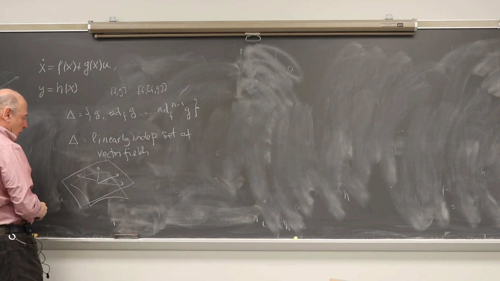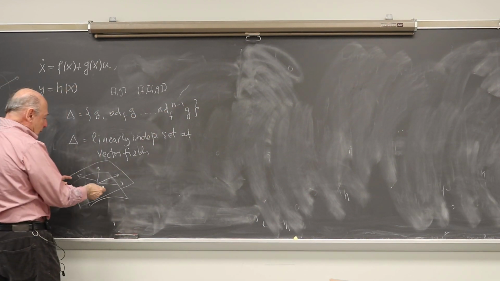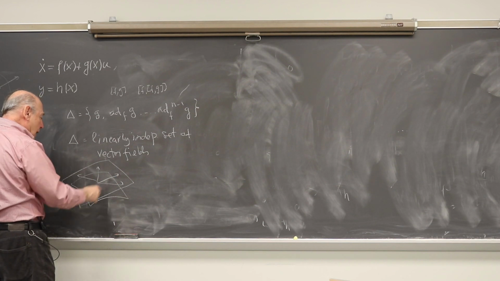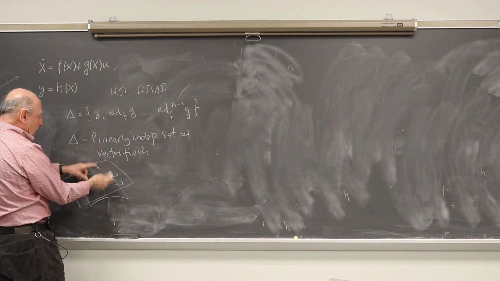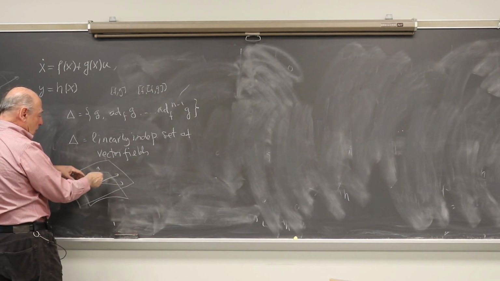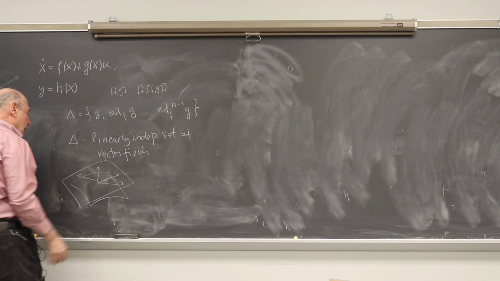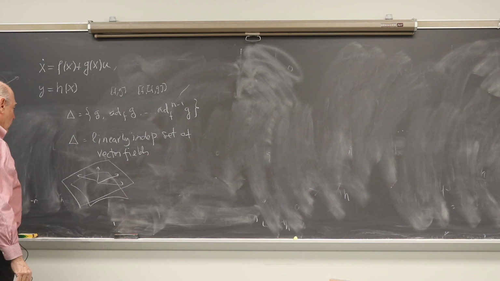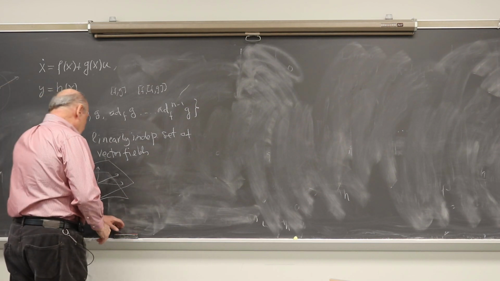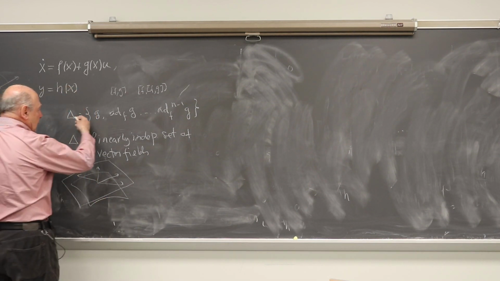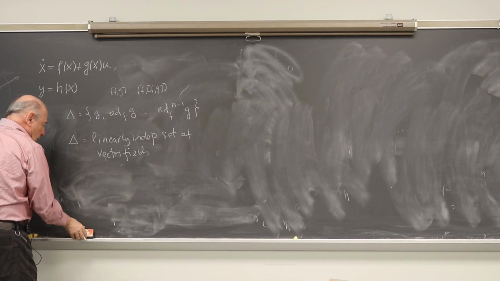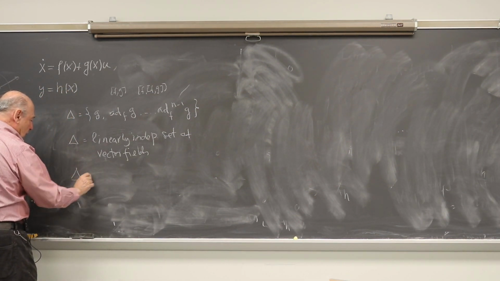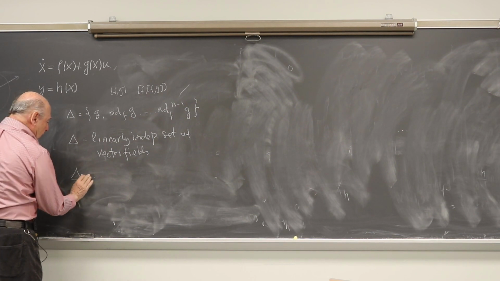It's the span of that distribution. And there shouldn't be any new directions in the association of those vector fields with each other, so that I cannot travel outside of that plane, at least up to that point. So that will mean that this set of n linearly independent elements have to satisfy an involutivity condition.